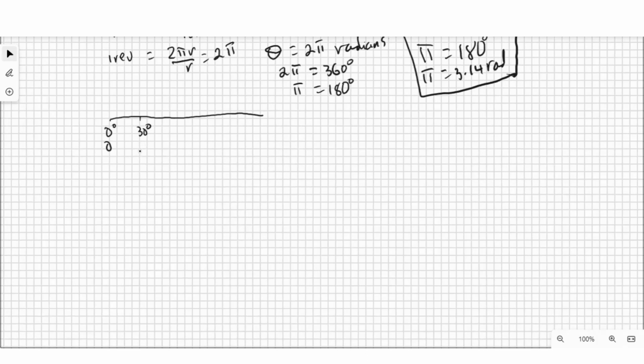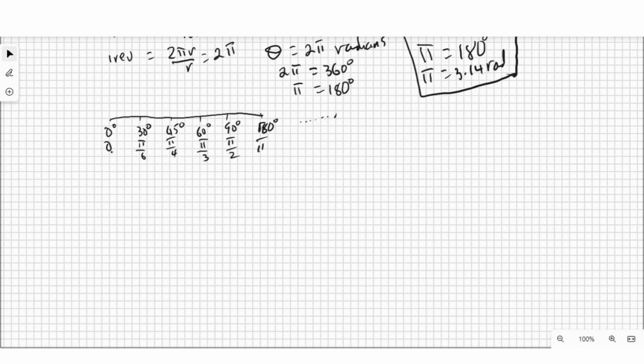Pi is 180, which is 1/6 of 180, pi over 6. 45 degrees, compared to 180, it's 1/4 of 180. 60 degrees is 1/3 of 180. 90 degrees is half of 180. 180 degrees is pi, and so on.